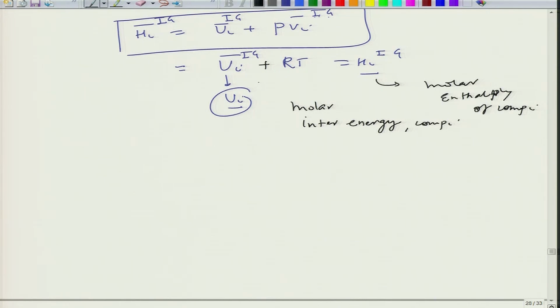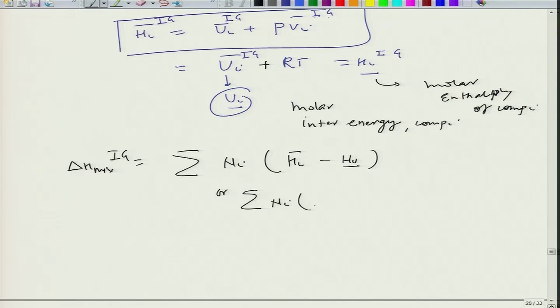Okay, so with this definition, Hi bar is nothing but the molar one, then I now have delta H mix ideal gas is nothing but summation Ni Hi bar minus Hi, which is for the pure component.